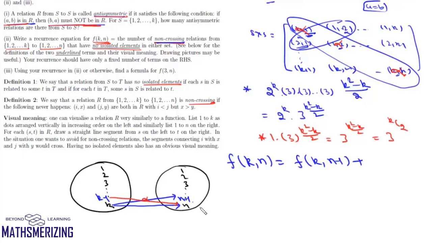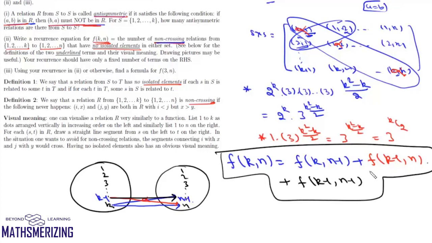Now if this k minus 1 is mapped to n, then this is nothing but f k minus 1 comma n. And now finally, this last case, when k is mapped to n and this k minus 1 is mapped to n minus 1, we can write this as f k minus 1 n minus 1. So we can write fkn as fk n minus 1 plus fk minus 1 n plus fk minus 1 n minus 1, and this is the recurrence relation we need to find.